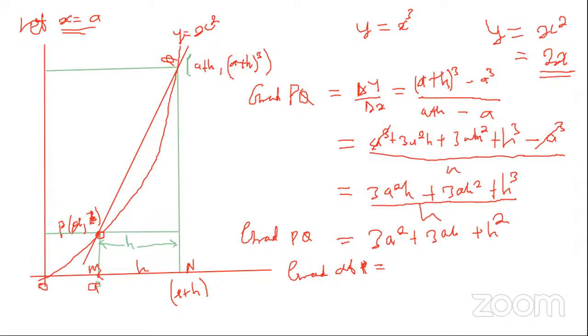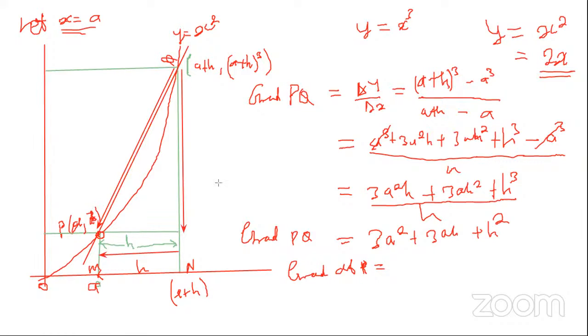Okay, so briefly, we said we reduce this change in x, which is h, and when that is done, this line will reduce to this point. So we shall no longer have this a plus h.